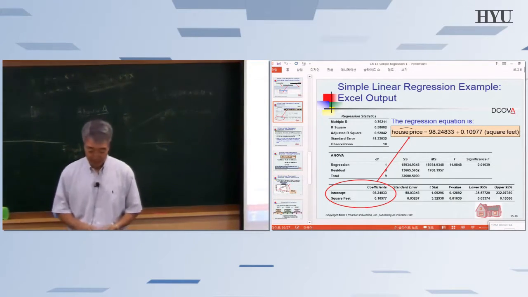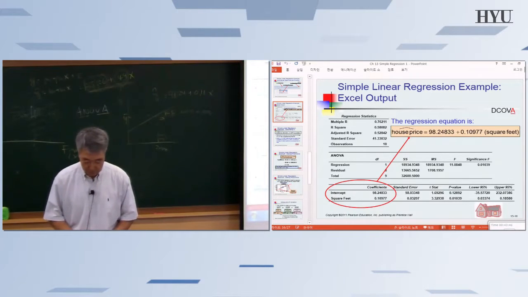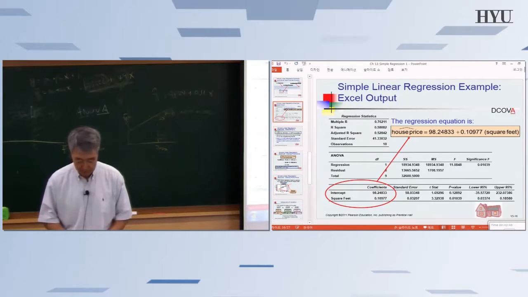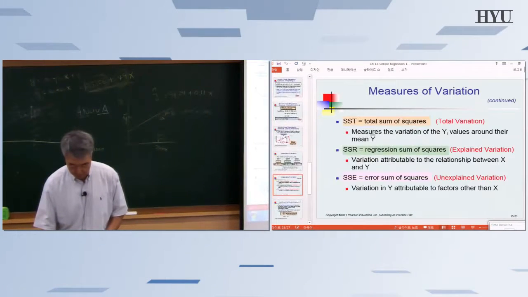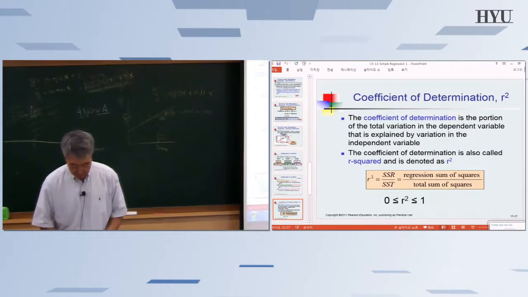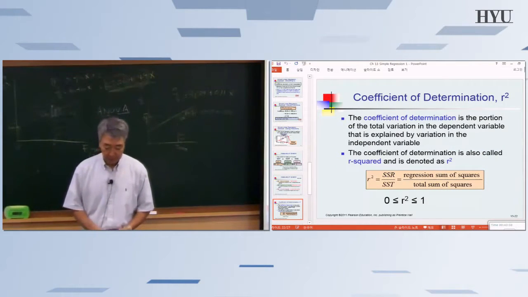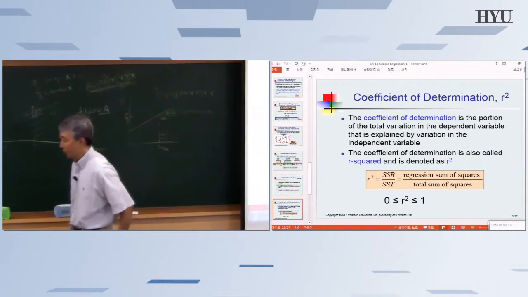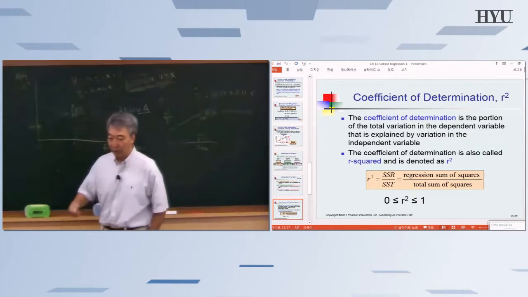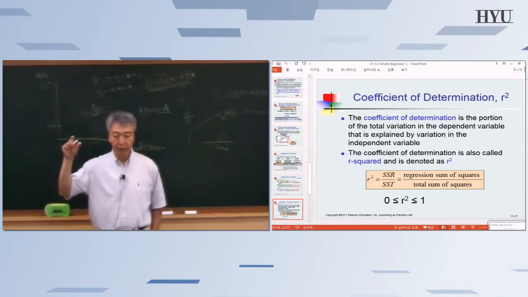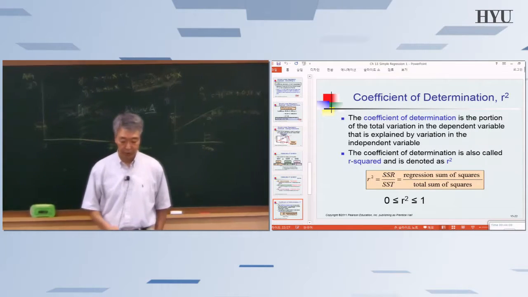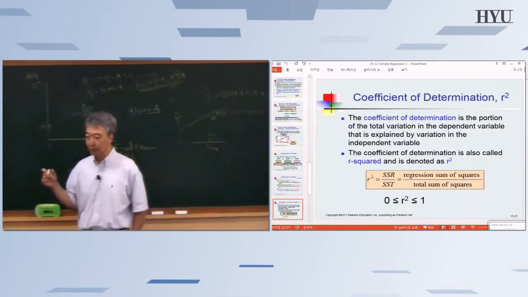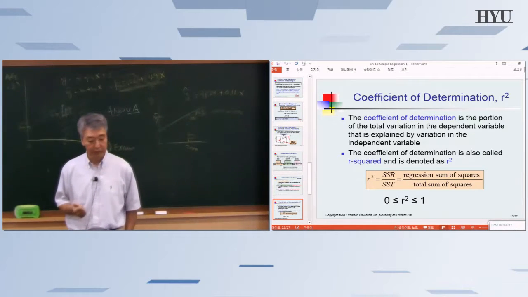Anyway, that's the concept of R square, or the coefficient of determination. You should be able to interpret that number. The concept is SSR divided by SST, the regression sum of squares divided by the total sum of squares.